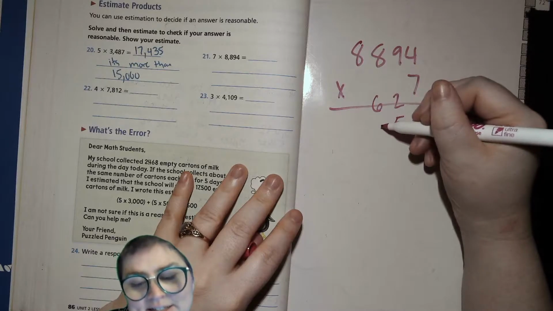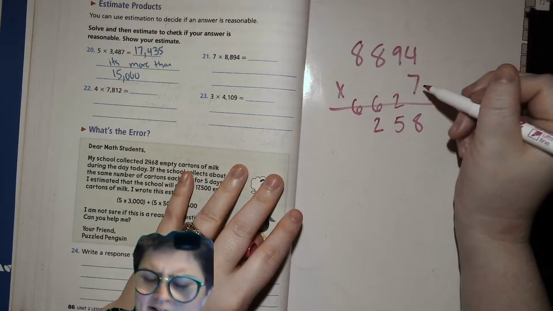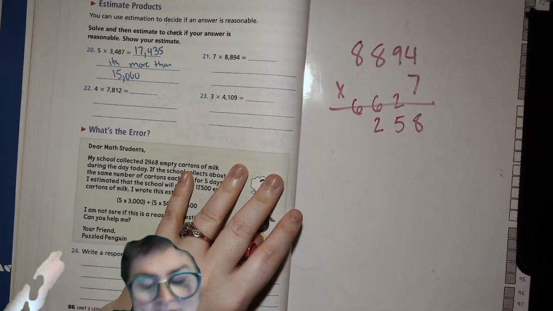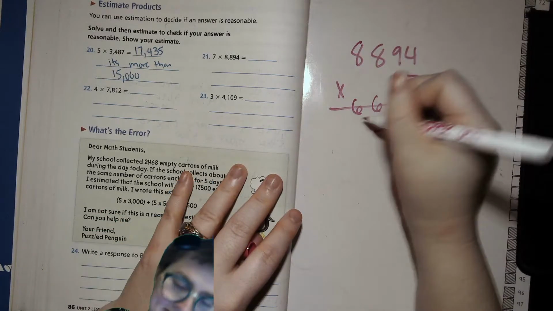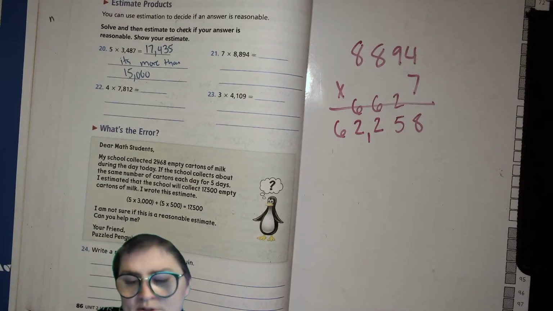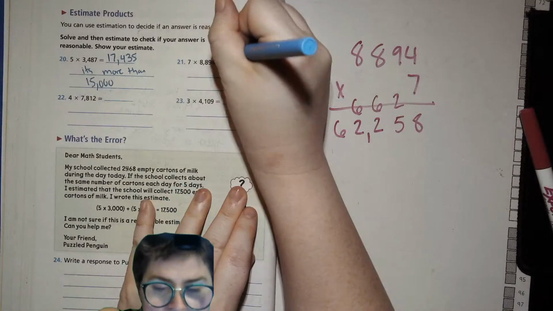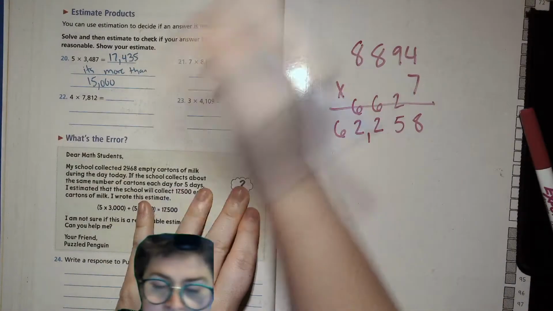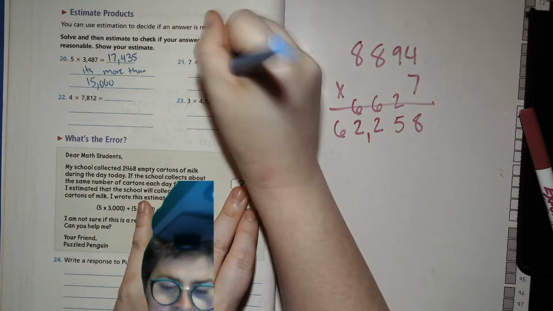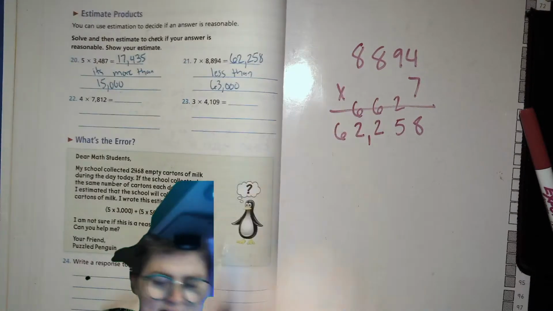Add that 6 to this 6, so we have 2 here, and then 7 times 8 is 56 again, plus the 6, the 2 there, 62. So we said almost 63,000, which is pretty close. It's not that bad. So 62,258, less than 63,000.